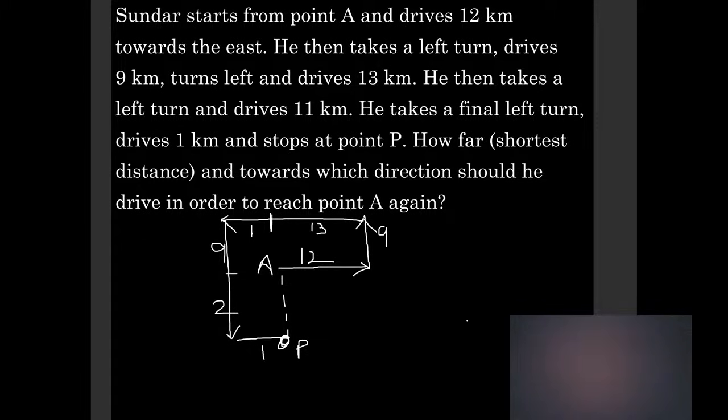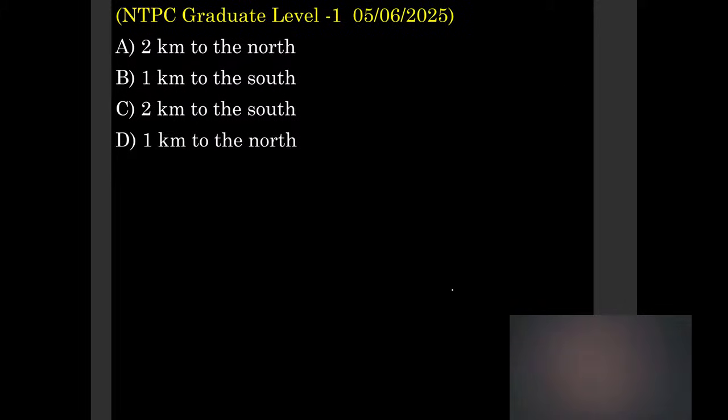Now our question is: how far and towards which direction should he drive to reach point A again? So from P to A, how much distance should he travel? If you observe, from P to A it is in north direction. These are the options given: 2 kilometers towards north, 1 kilometer towards south, 2 kilometers towards south, and 1 kilometer towards north.